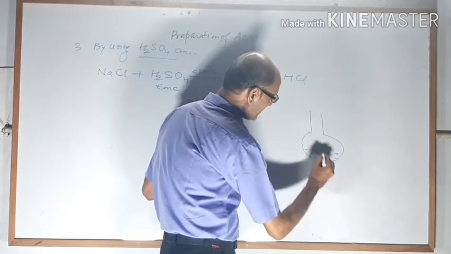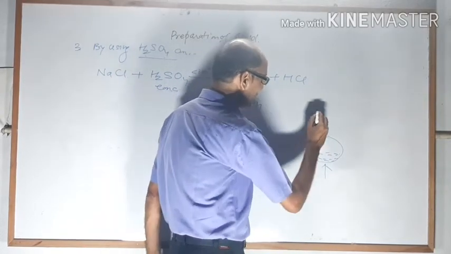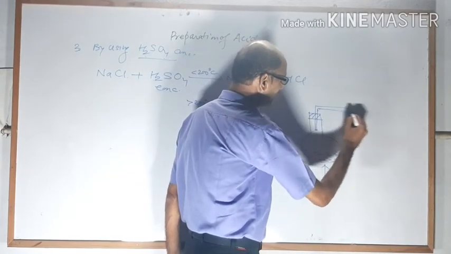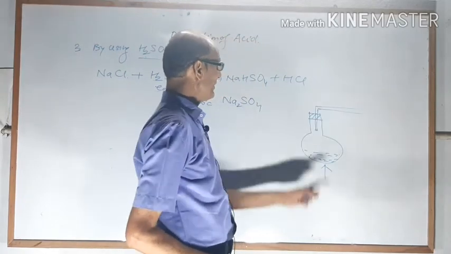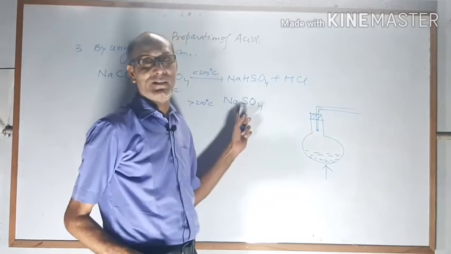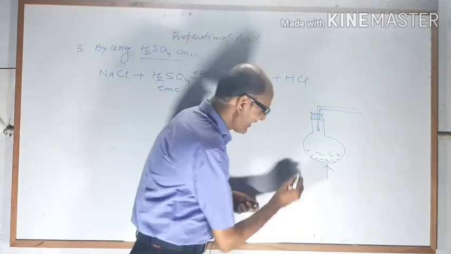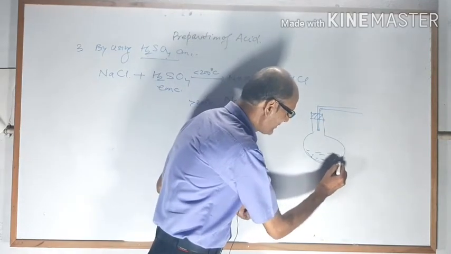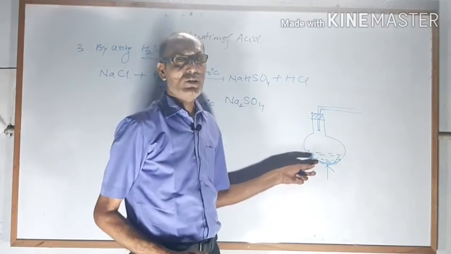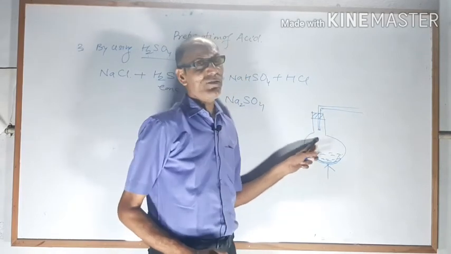On heating, using a delivery tube, you will get HCl gas. What will be left here? This one, a very hard solid affixed to the bottom of the flask. It is not possible to remove it from this flask because its mouth is very small.